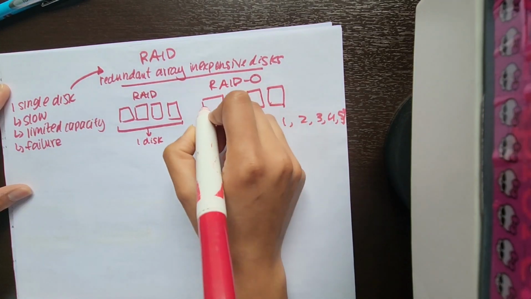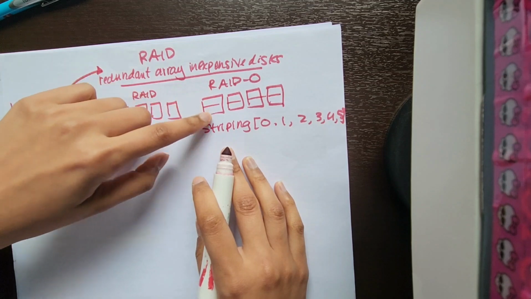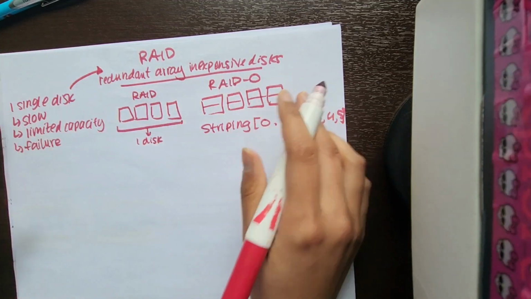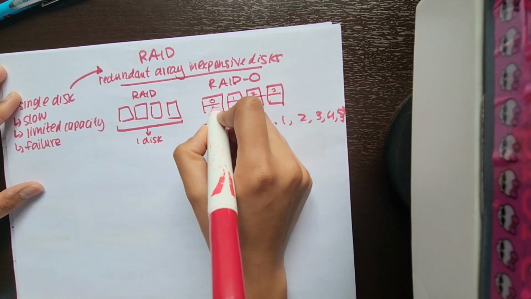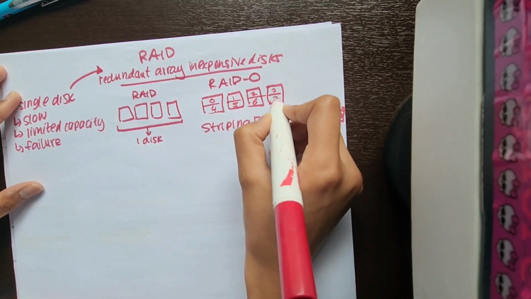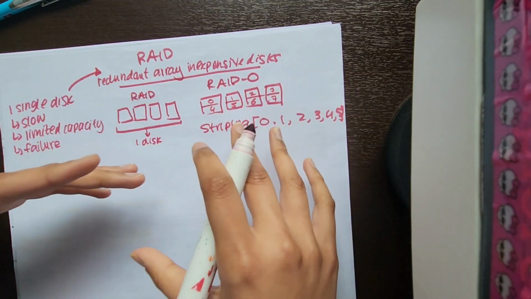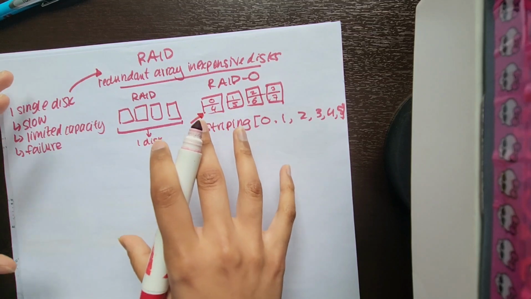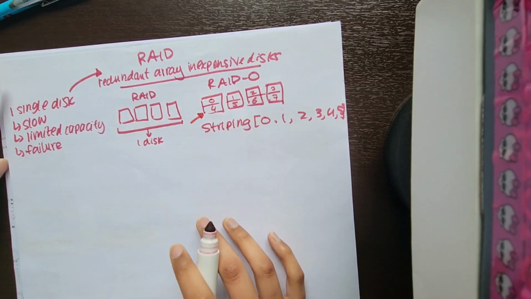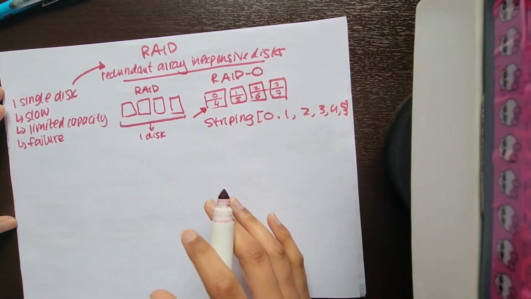When you store it on the disks, instead of doing 0, 1 together, you would spread it across. So you would have 0 here, 1, 2, 3, 4, 5, and I'll just do 6, 7 here, right? So if you are trying to read from a single disk, you're not going to find data that's sequential because of the way that it's distributed across the disks.